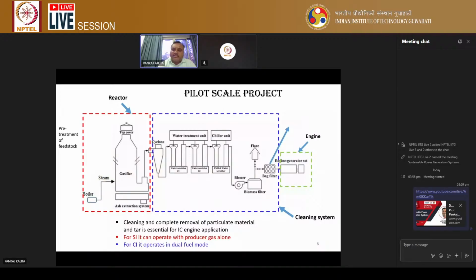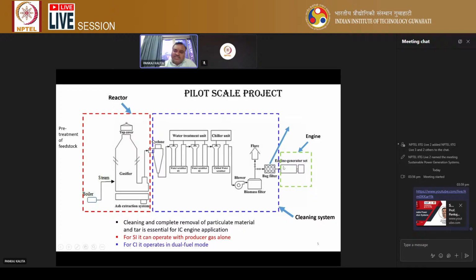Once the gas is clean and cooled, we need to check whether the gas is of high purity. That can be checked by holding a flame here in the tower, and we can see a bluish flame. Once it is confirmed, we can close the valve assembly and open this valve for introducing the gas to the engine.